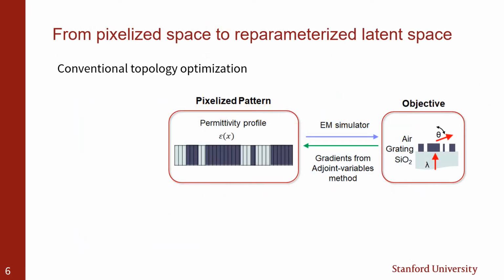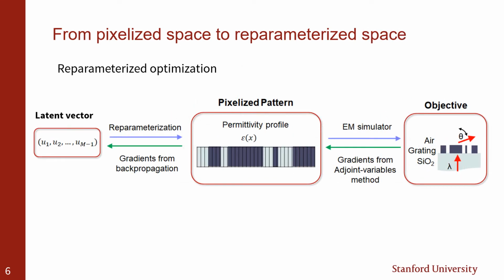We know the traditional topology optimization is an iterative process where the gradient on the permittivity profile can be calculated to update the pattern. Adding reparametrization is simply adding one more mapping from the latent vector to the pixelized pattern.